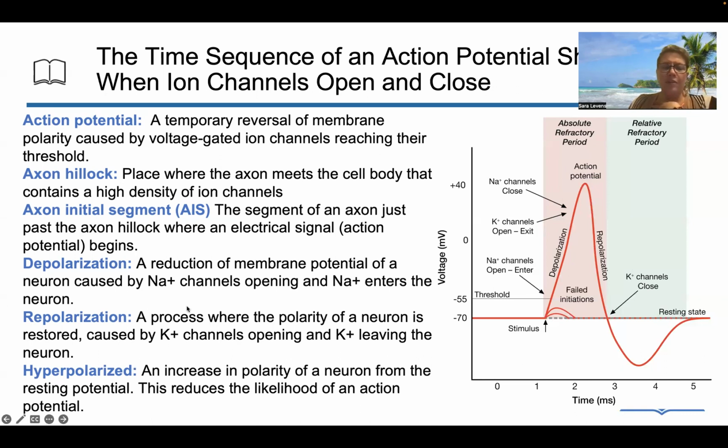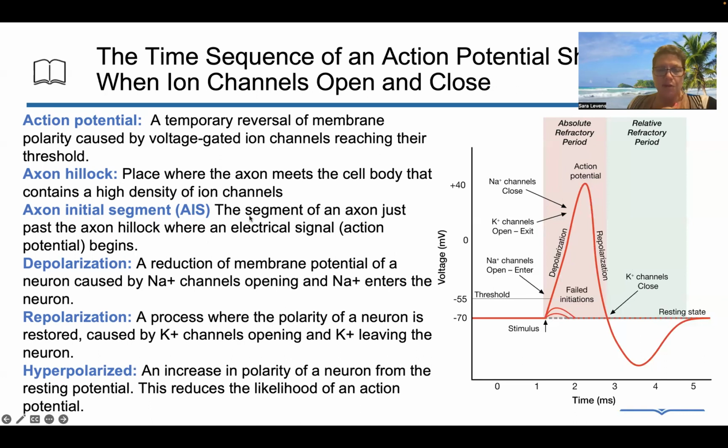And as we talked about, at this axon initial segment, you can have depolarization, which is a reduction in the membrane potential of a neuron caused by the channels opening and ions entering the neuron.